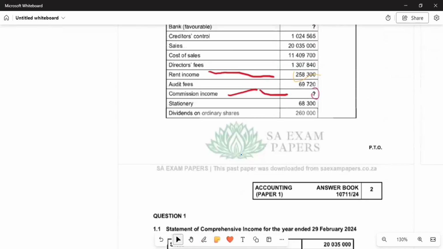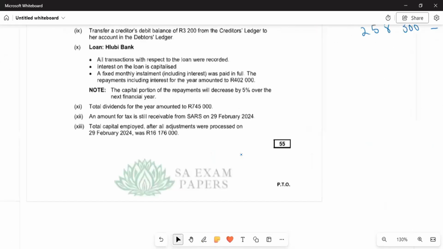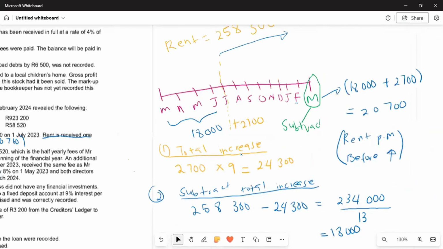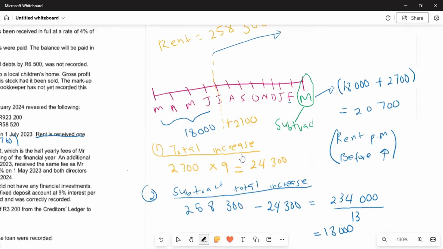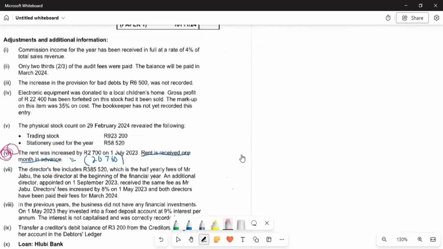Now, moving on to commission income, let me see my information relating to commission income. So first, let me just try and erase here. So this is the transaction relating to commission income. It says commission income for the year has been received in full at a rate of 4% of the total sales revenue, meaning that to find commission income for the year, we need to find how much was our sales and we need to multiply them by 4%, right? Now remember, the sales amount, it was given on the answer sheet.